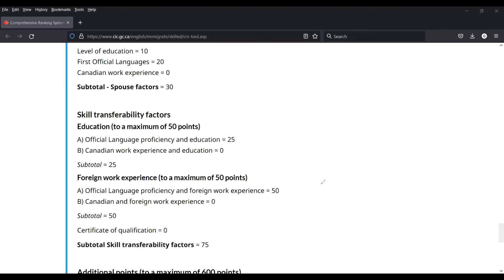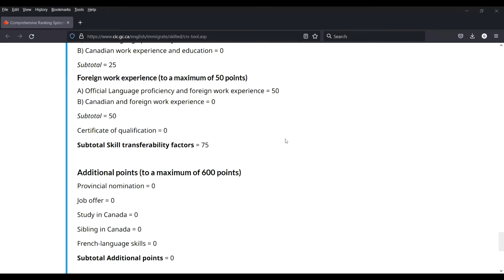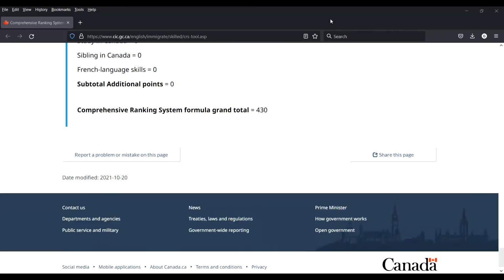The last score that we had was 542. So if this candidate wants to come into Canada via Express Entry, the candidate needs to either look for a provincial nomination, to be nominated by a province, because the last cutoff was 542, and the candidate's score is this.